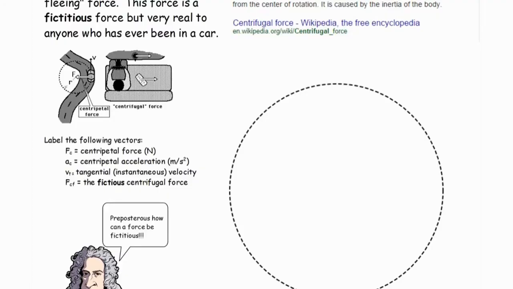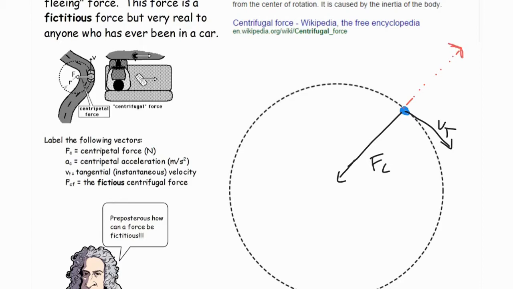Now, what we feel is something maybe a little bit different. So if you think about what's going on when you're traveling in a circle, so we have our centripetal force, our tangential velocity. If you've ever been in a vehicle that's been going relatively fast around a curve, do you go towards the center? I don't think you do. I think what you feel is a force that's actually acting outwards.